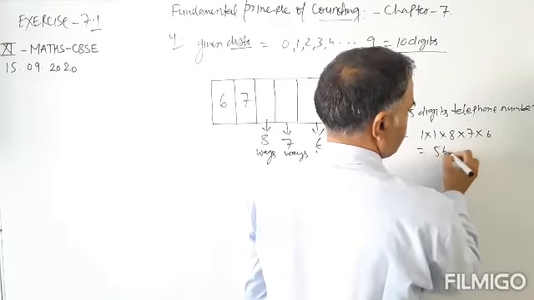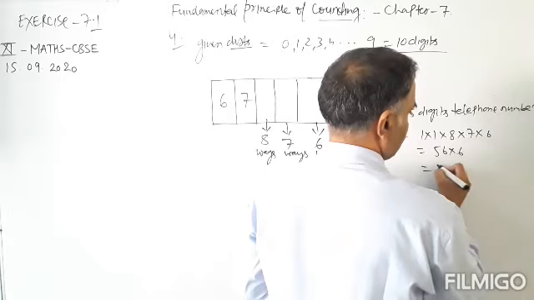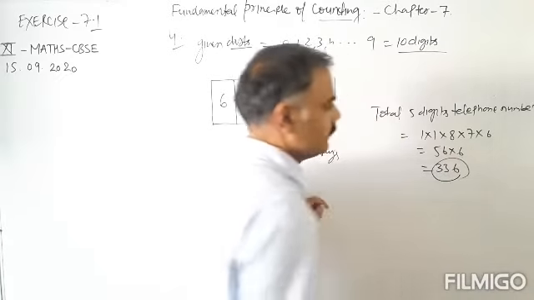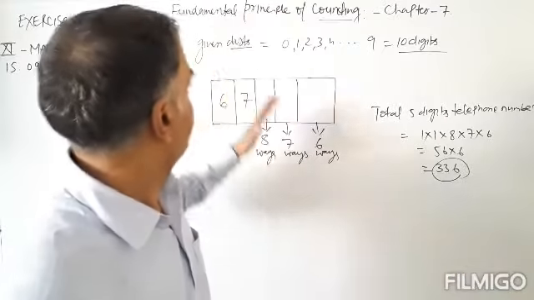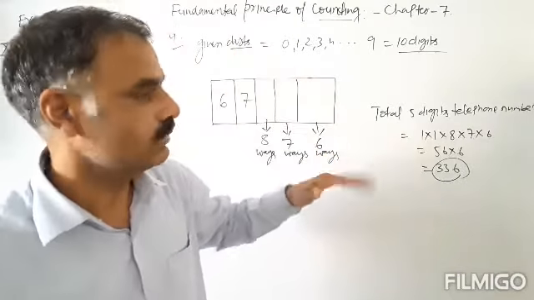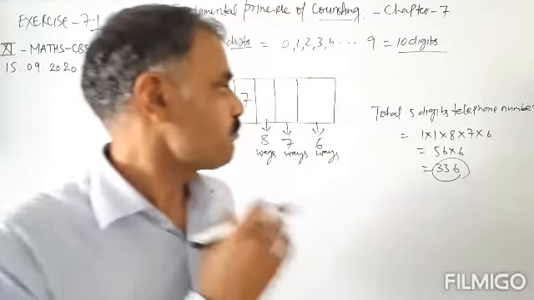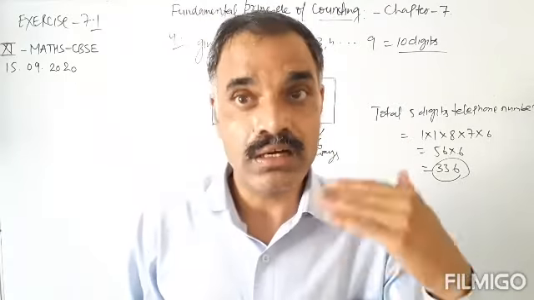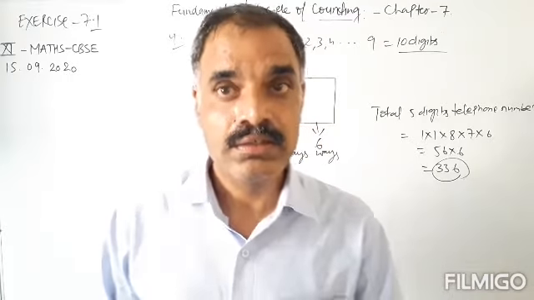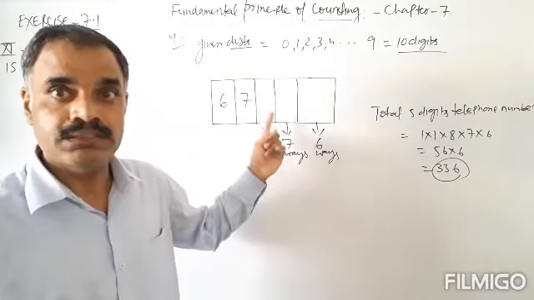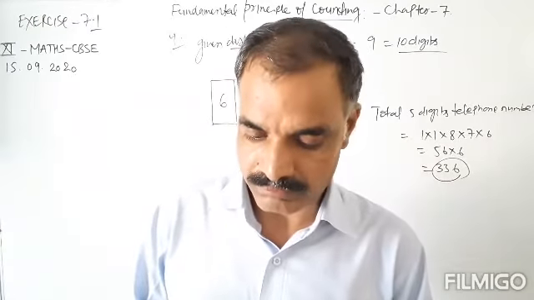So 56 into 6: 6 sixes are 36, 6 fives are 30, 30 and 3 is 33, so 336. So total 5 digit telephone numbers are 336, using the digits 0, 1, 2, 3, 4, 5 up to 9, where the telephone number starts with 67. Okay, so this was question number 4.